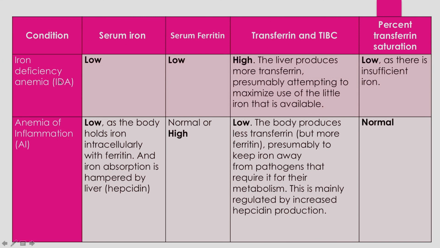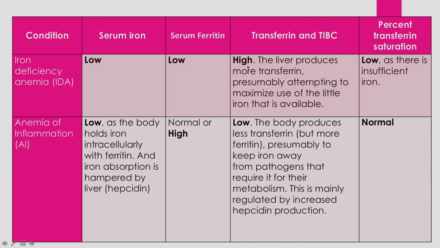In iron deficiency anemia, the serum iron will be low because the iron intake is less. Serum ferritin: when the person is taking less iron, the body stores will start giving iron to the blood, and ultimately they will also become low.